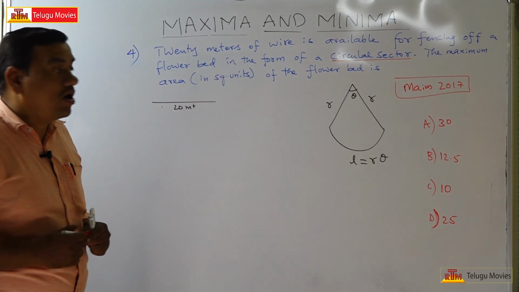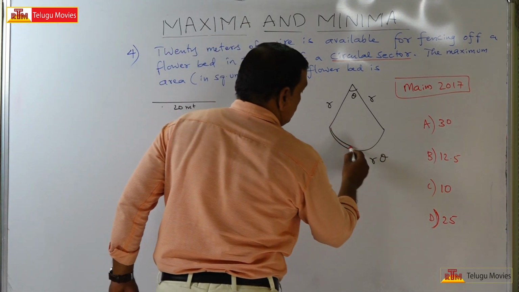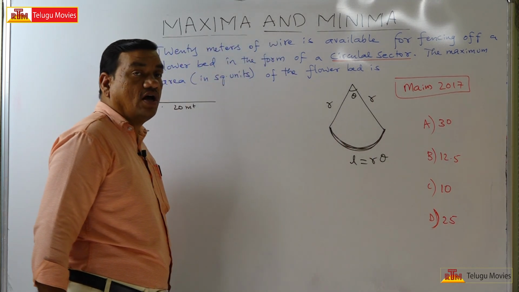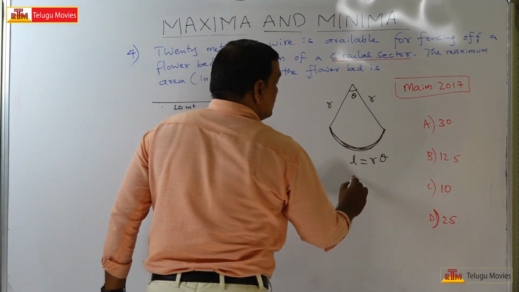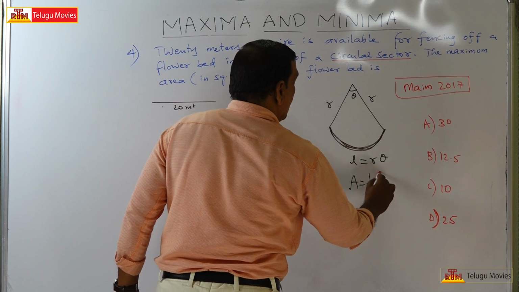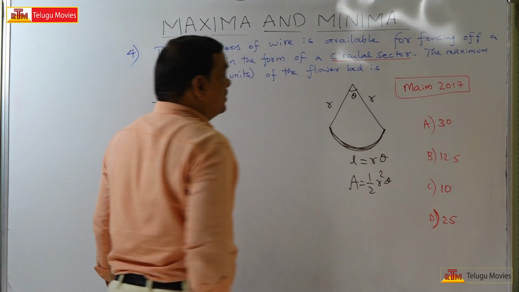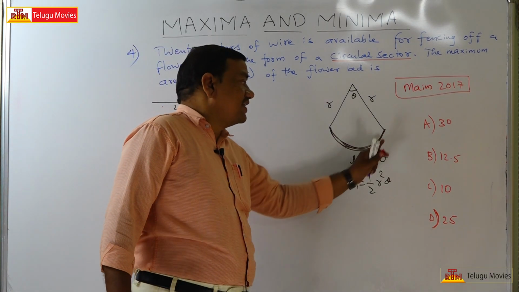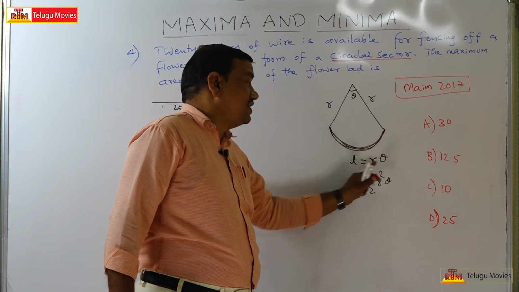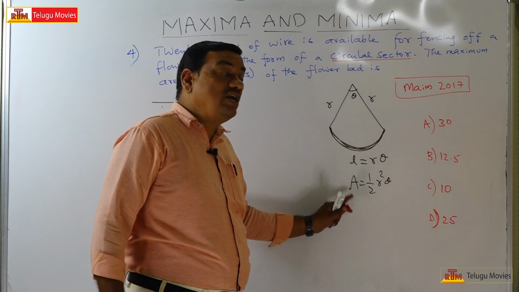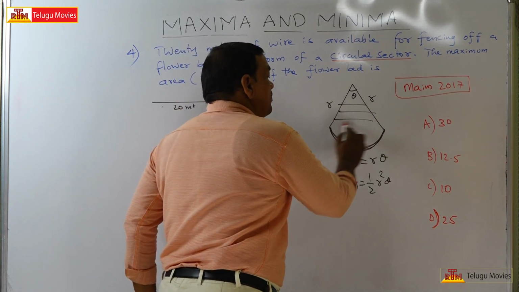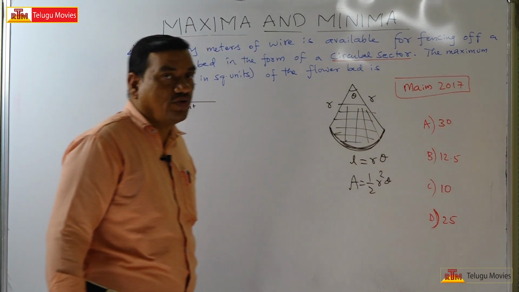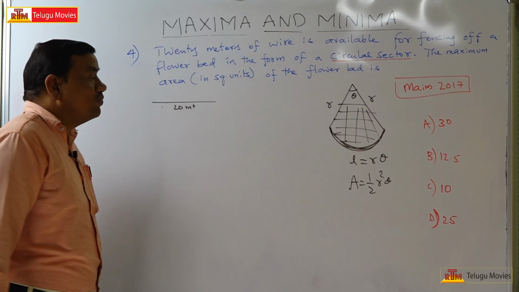The area of the sector A is equal to half r square theta. Those are the two formulas you should know. The first is the length of the arc, L is equal to r theta. The second is the area of the complete sector, which is half r square theta. Now let us move to the problem.